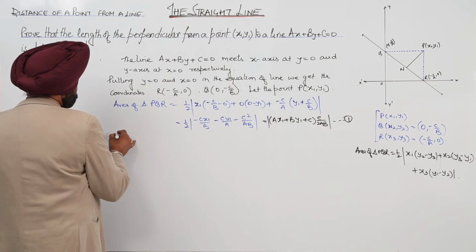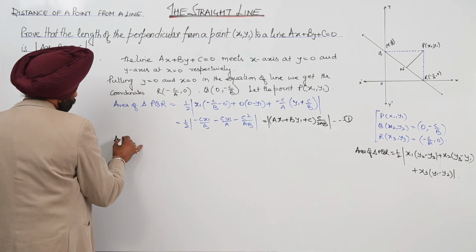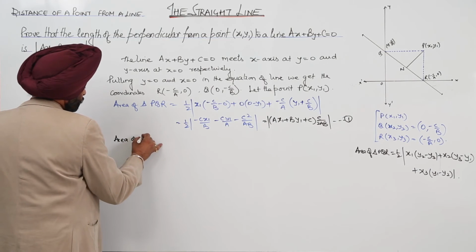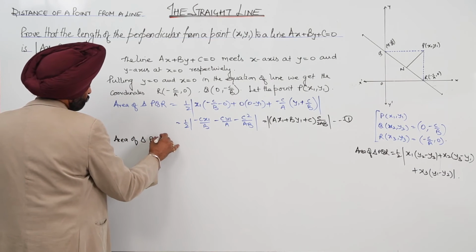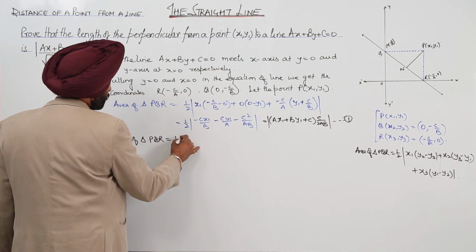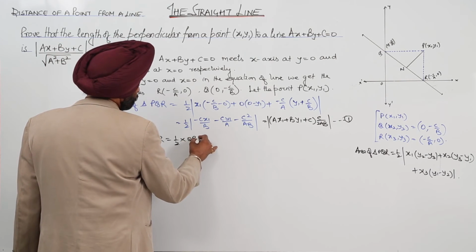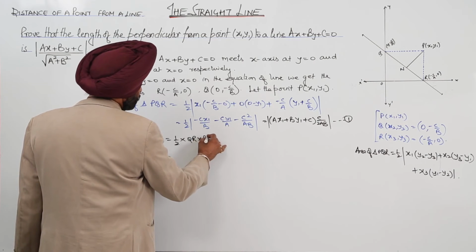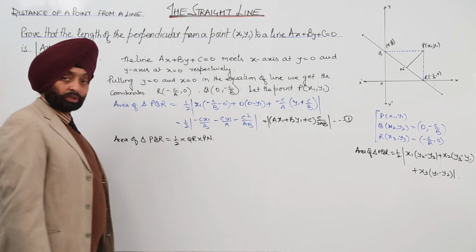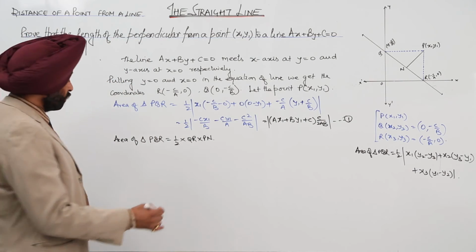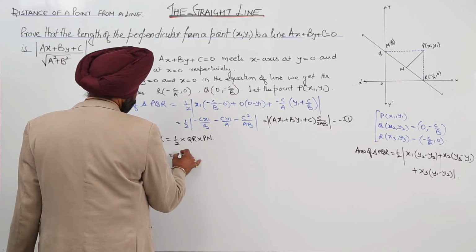Now area of triangle PQR is equal to half times QR times PN. Okay, now using the distance formula, what do we have? We got half.